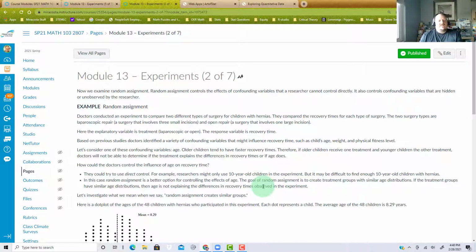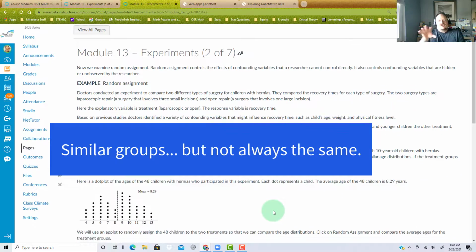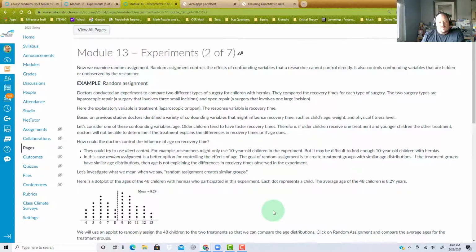So random assignment is a really big piece, and that's why random assignment tends to create similar groups. So again, we're trying to control as much as we can to make sure that the impact of the research is demonstrating what we think might happen.